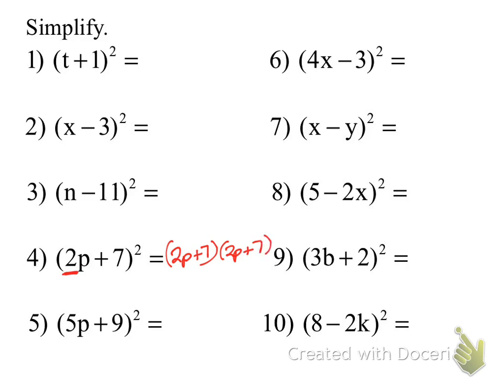The first and last terms will be easy to do. Square the first one. What is it? 4p squared, right? Square the last one. 49, positive. The middle will be 14p, and this one will be 14p. Oh, actually, it doesn't matter. Sorry. Forget that.